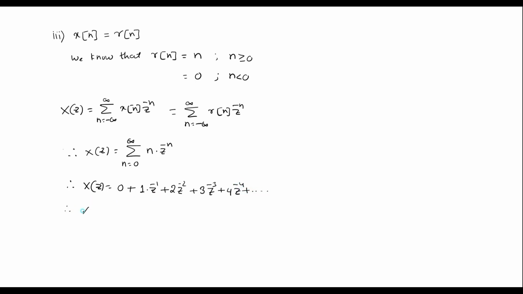This can be further simplified by taking z inverse common: X of z is equal to z inverse times 1 plus 2z inverse plus 3z power minus 2 plus 4z power minus 3 plus and so on.